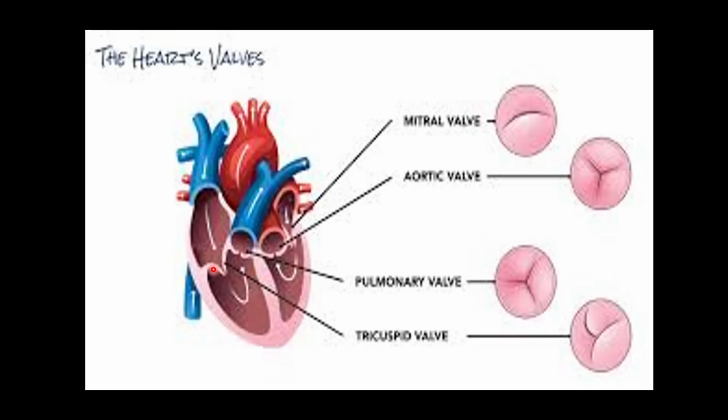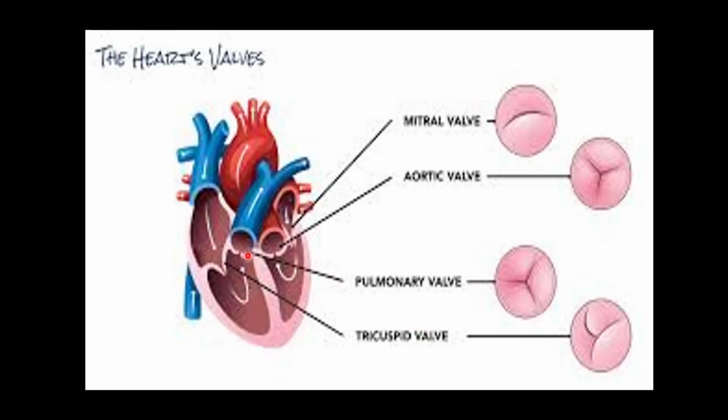From here to here, it is tricuspid, as it is the right auricle and right ventricle opening, the right auriculoventricular aperture. Here it is the left auriculoventricular aperture, which is guarded by the mitral valve, that means bicuspid. 2 leaflets are there, and here it is 3 leaflets.